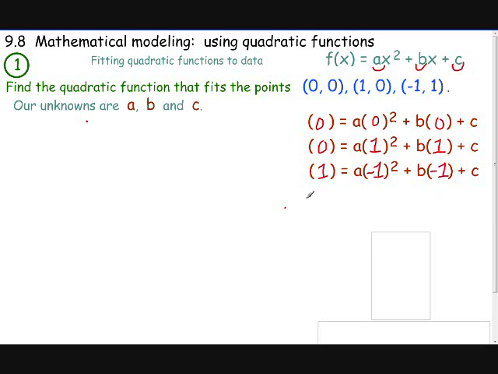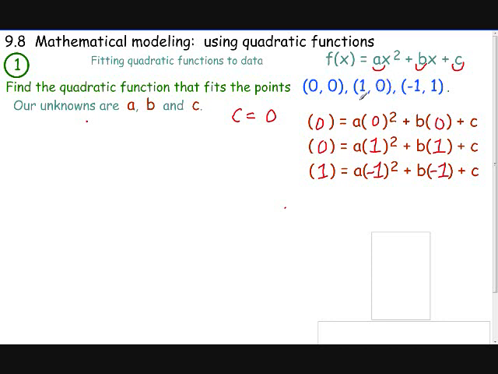Now here's where things are going to get really nice, because I'm going to rewrite these working with these numbers. What do we know about 0 squared? It becomes 0. And anything multiplied by 0 is 0. So we start right off with knowing what C is. C is equal to 0. Well, another way you could look at this, when y is equal to 0, what am I looking at here?